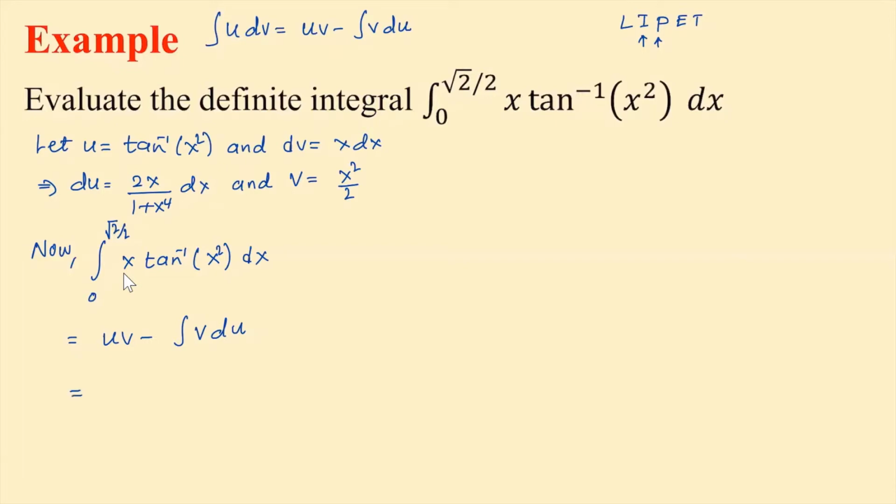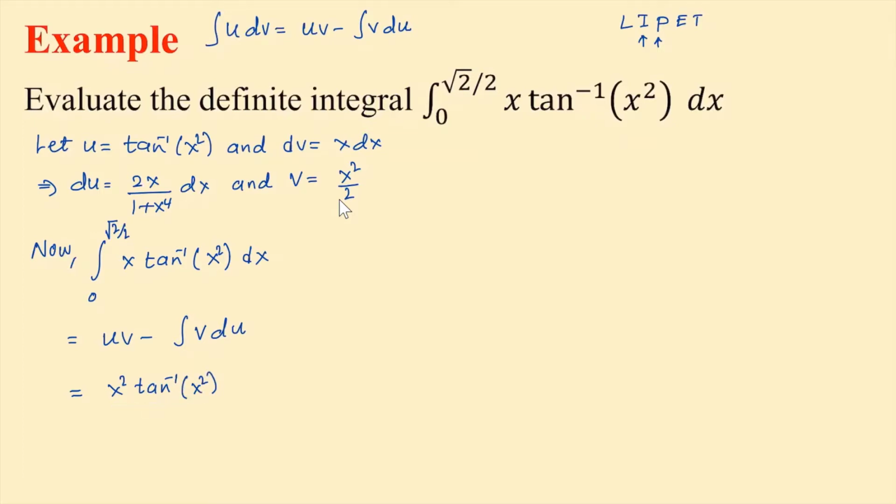That is equal to u times v. So we are going to multiply u and v. If we multiply these two, it will be x squared tangent inverse x squared over 2.